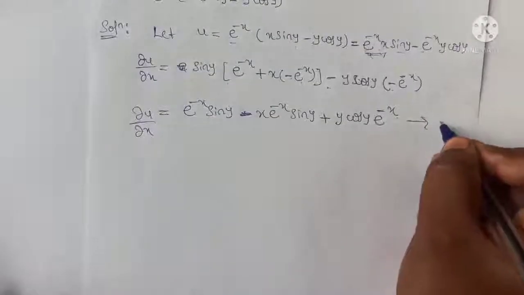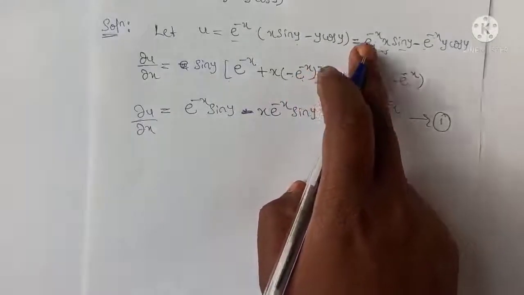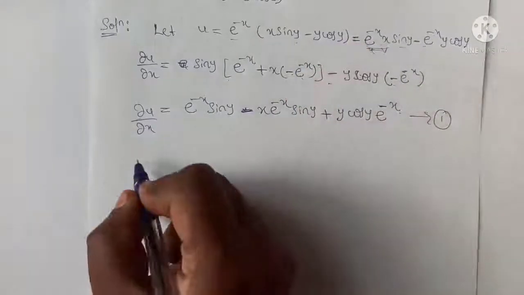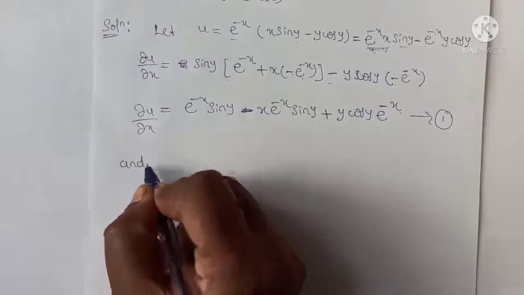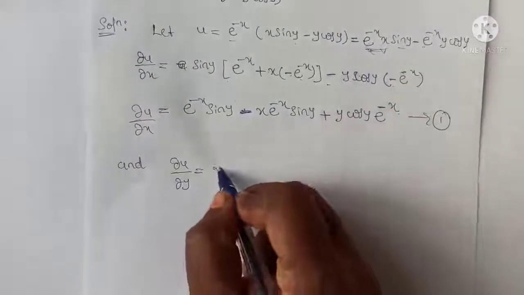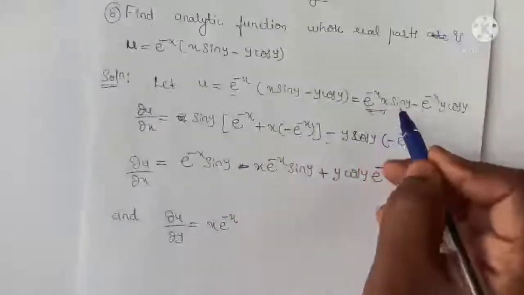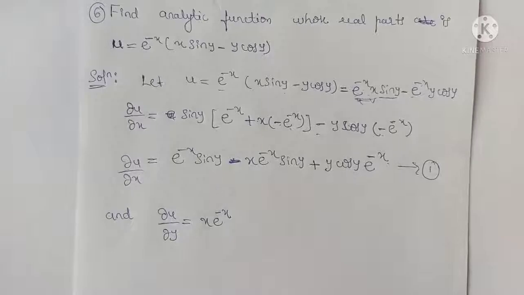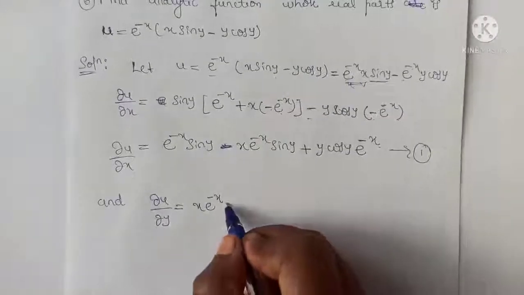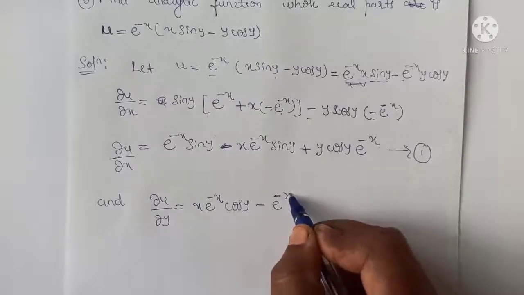Let us consider this as equation 1. So similarly differentiating this with respect to y partially, we get dou u by dou y is equals to, so now x e raised to minus x being constant, sin y differentiation, so here sin y differentiation is cos y, minus e raised to minus x constant.